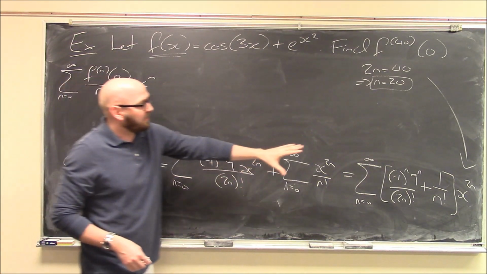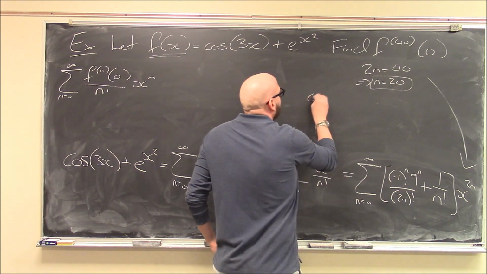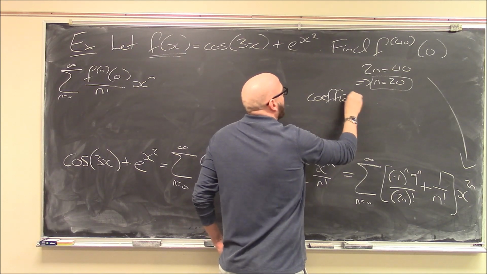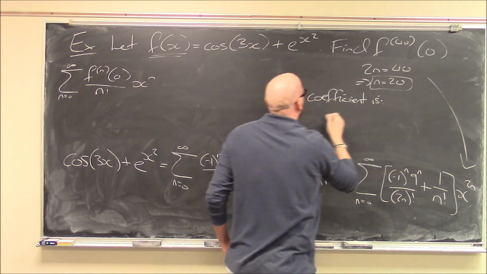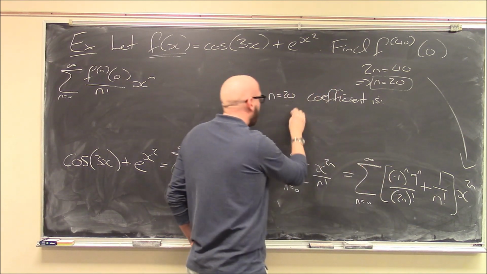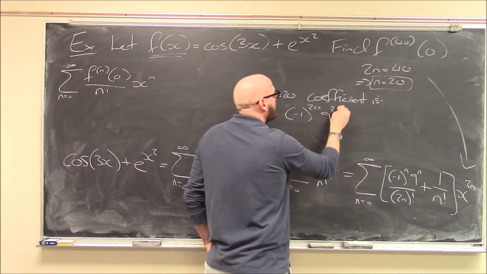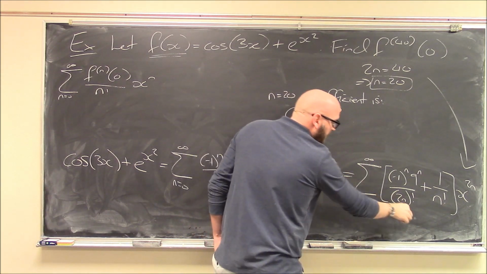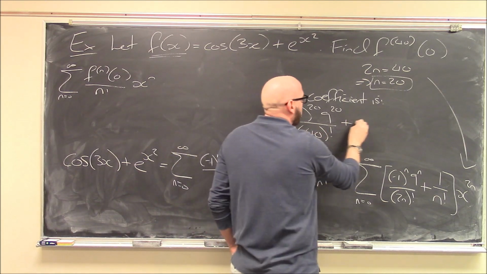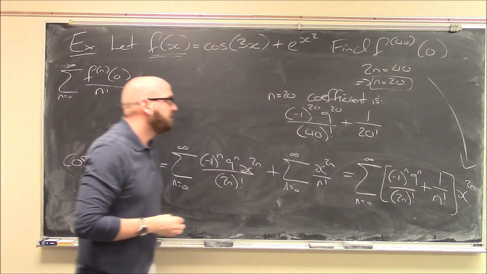So let's just figure out what this is. If n is 20, what's my coefficient? The coefficient is (-1)^20 times 9^20 over 2 times 20, which is 40 factorial, plus 1 over 20 factorial.